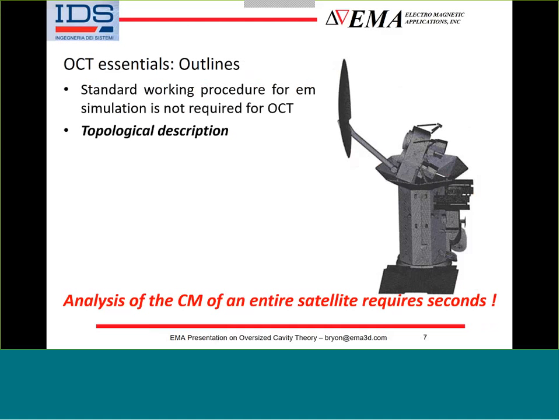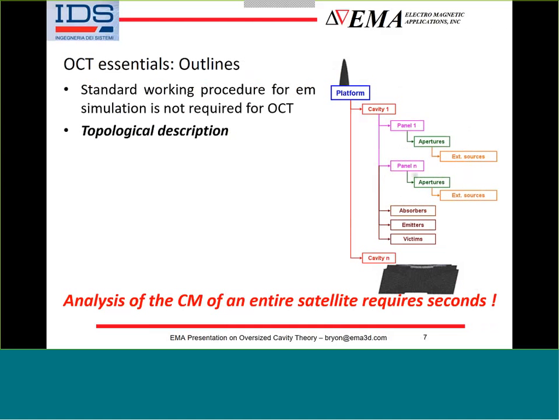And kind of the structure here is that it is a topological description of the platform. You have a description involving cavities, and within each cavity you have panels, and then you may also have absorbers, emitters, and victims in the cavity, and then within the panels you have apertures, and then the apertures coupled to external sources.